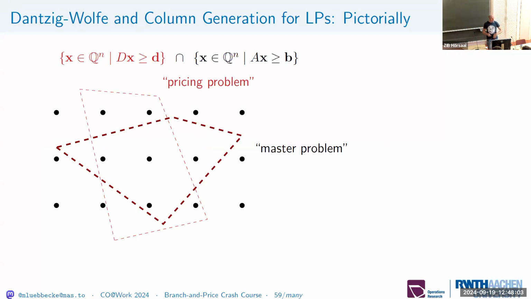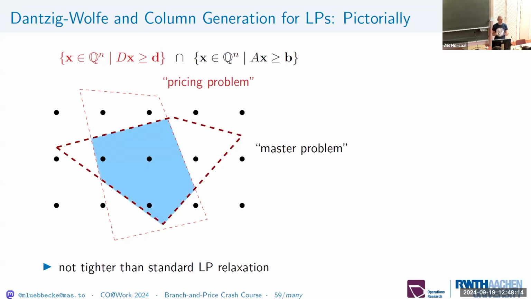And then at some point, we prove that we have enough extreme points to describe an LP optimal solution, and this gives you nothing else but the same as the LP relaxation. Well, yes, it's a reformulation, it's equivalent. So all this trouble only for arriving at something that we could have had with the LP relaxation.